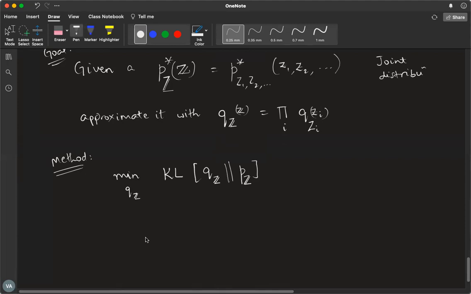And it turns out that minimizing it all at once is a little difficult. So in optimization, there is a very popular algorithm called the coordinate descent algorithm.